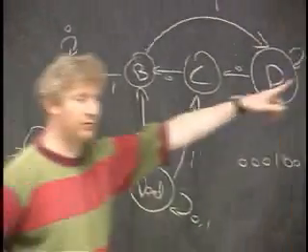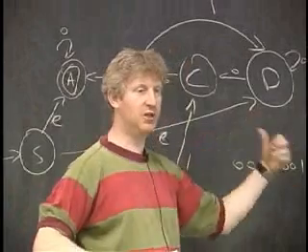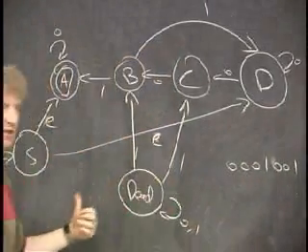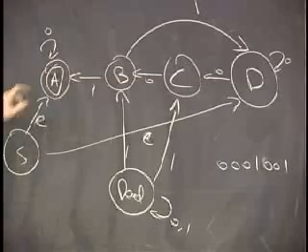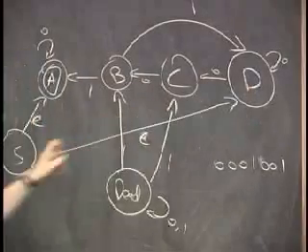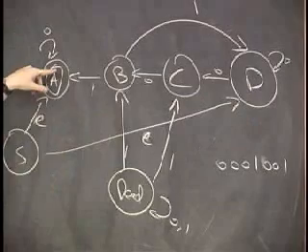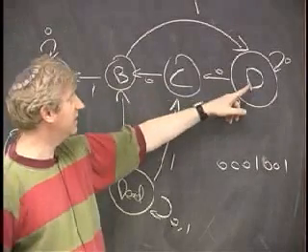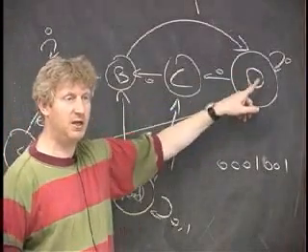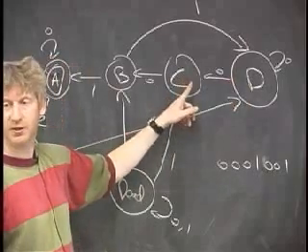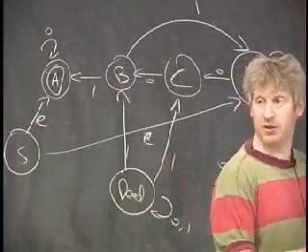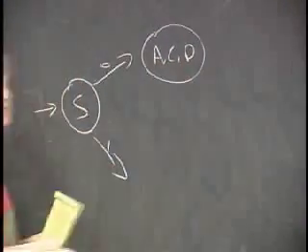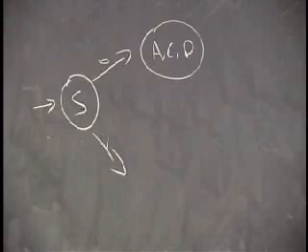Well, it might start here, or it might start here. If it starts here and it sees a 0, it'll end up in state A. If it starts here and sees a 0, it'll end up in state D or state C. So on a 0, it might be in any of the states in the set ACD.